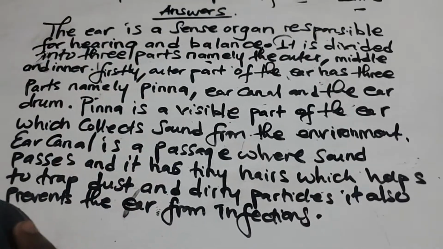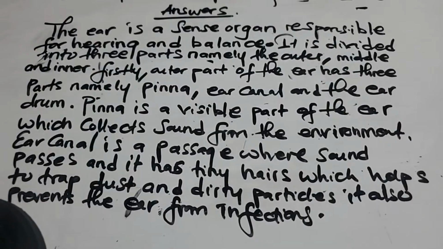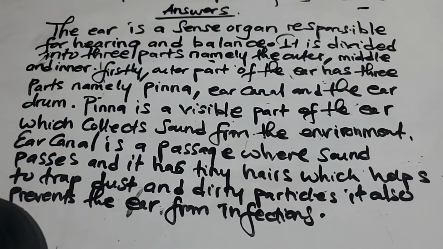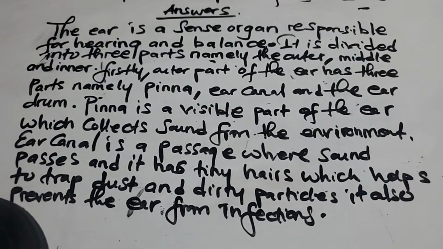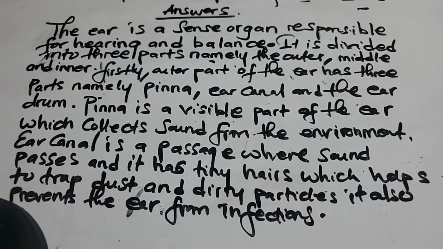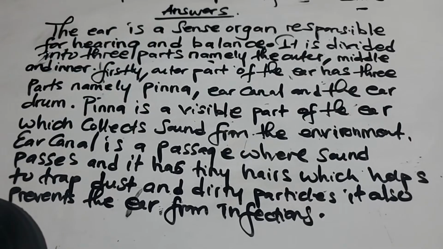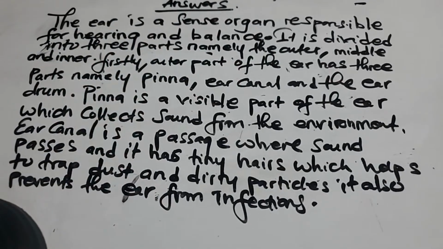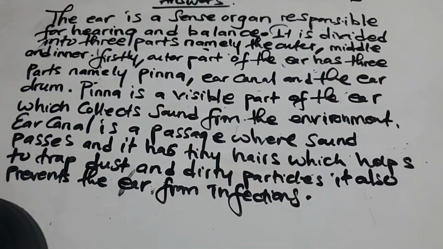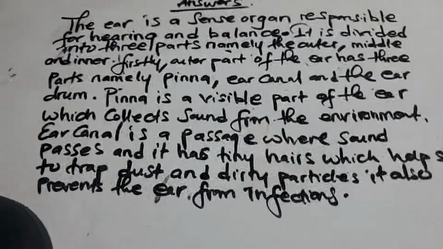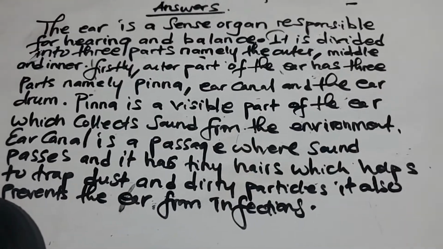So the ear is a sense organ responsible for hearing and balancing. It is divided into three parts, namely the outer, middle, and inner. Firstly, the outer part of the ear has three parts, namely pinna, ear canal, and the eardrum. So this plays a very vital role.